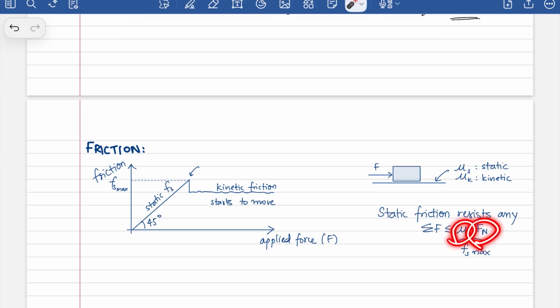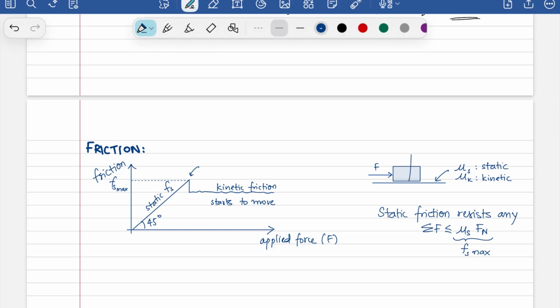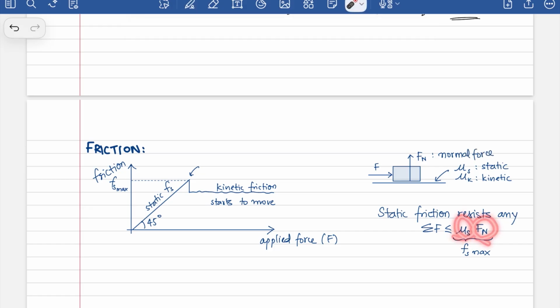So you know this relation here, this is your Fs max, that is whatever is your normal force between the object and the surface it is resting on, that is the Fn, the normal force. Mu s times that would be your maximum possible value of the friction.